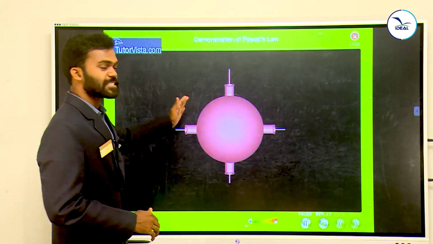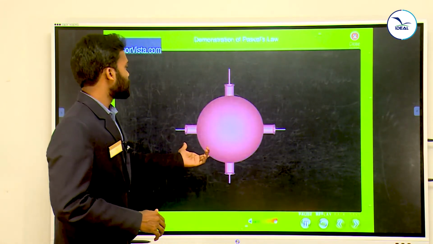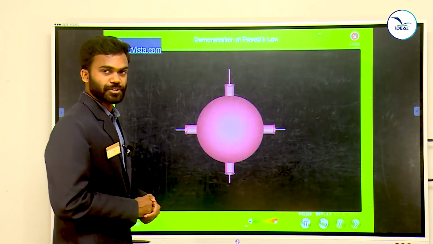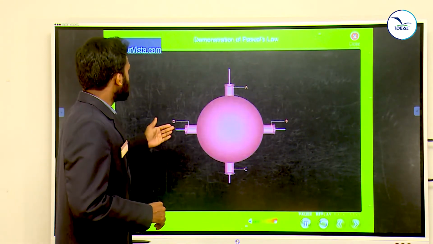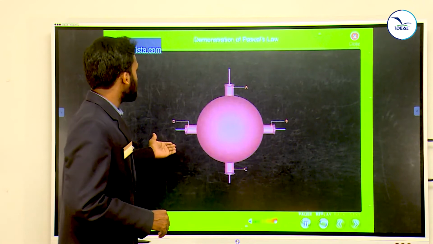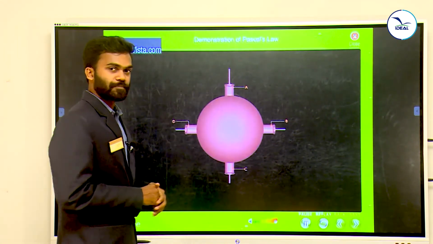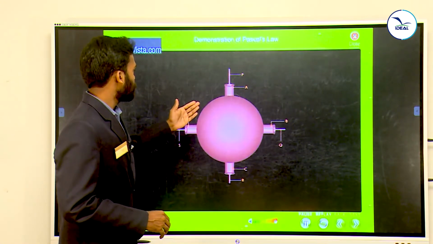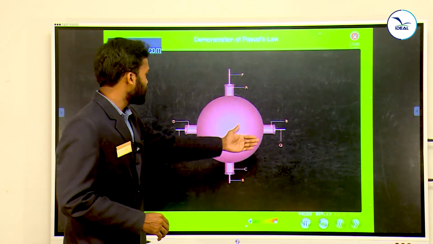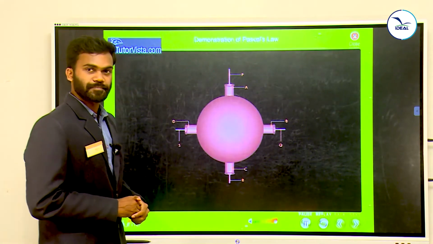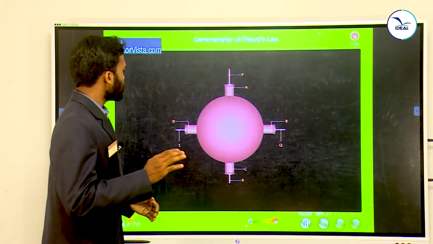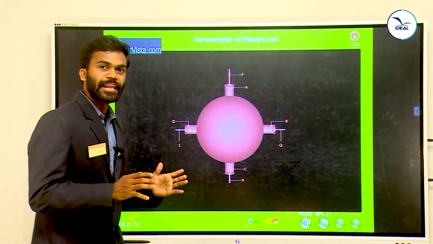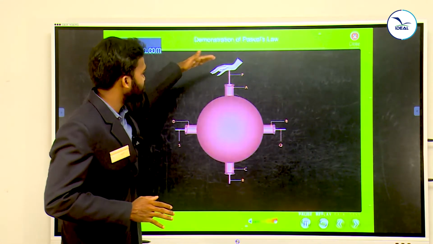Now take a system. This system has 4 openings. We can see that in the picture. The openings can be named A, B, C, D. Also, these openings have pistons, namely P, Q, R and S. Now see what happens if we apply a force at one end.